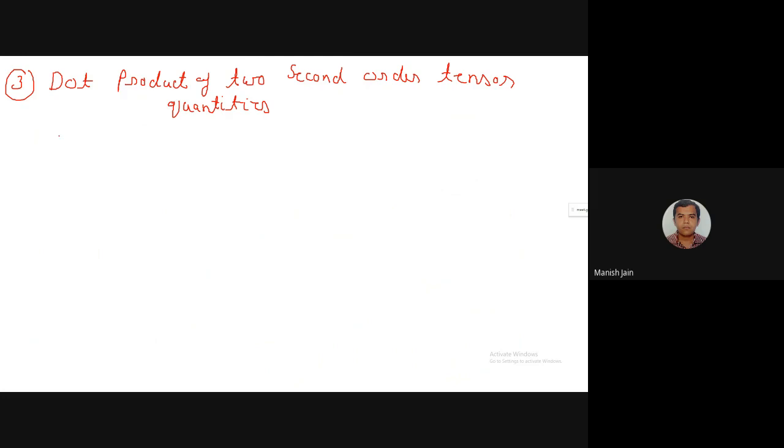This is possible in the real world. Okay, so you have sigma dot tau or tau dot sigma. So you can write sigma ij, del i, del j. These are the unit vectors. Dot tau mn, del m, del n.